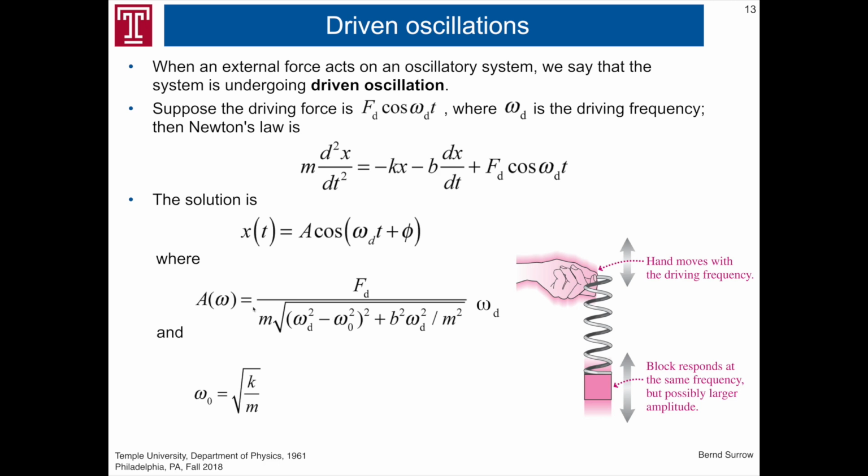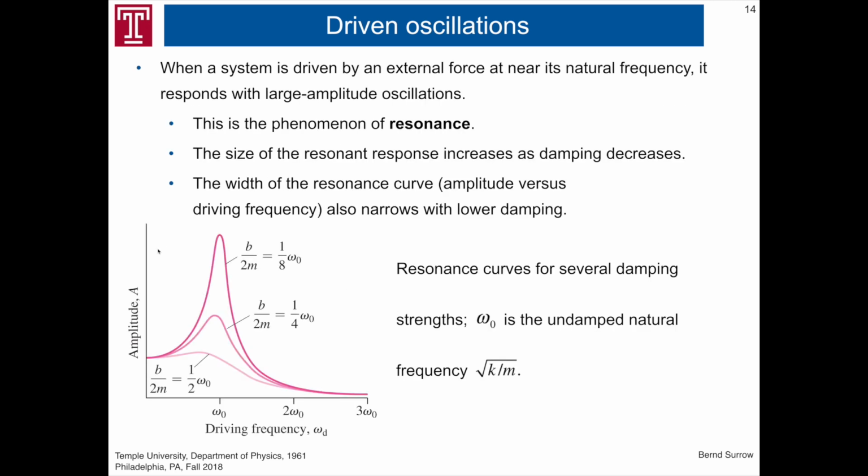And you reduce that quote-unquote catastrophic effect by including damping in the system. And this is exactly what I plot here now. The amplitude is a function of the driving frequency. And you see here when the driving frequency equals the frequency of the simple harmonic motion omega naught, and if you have no damping, b equals 0, you would have a pole here.